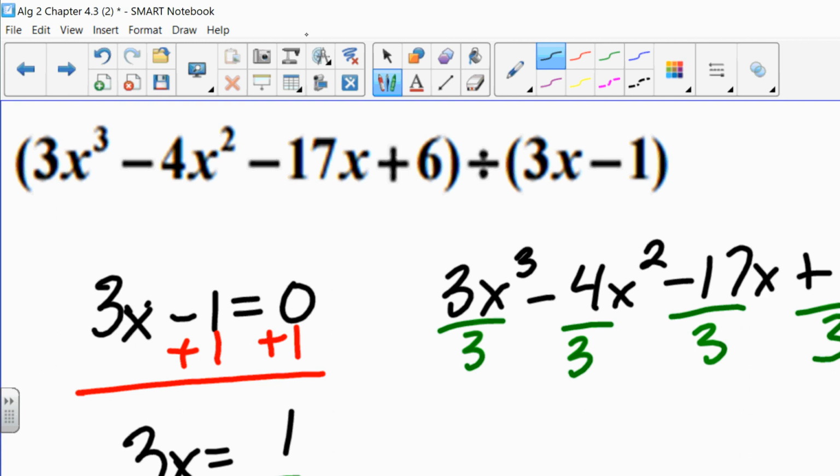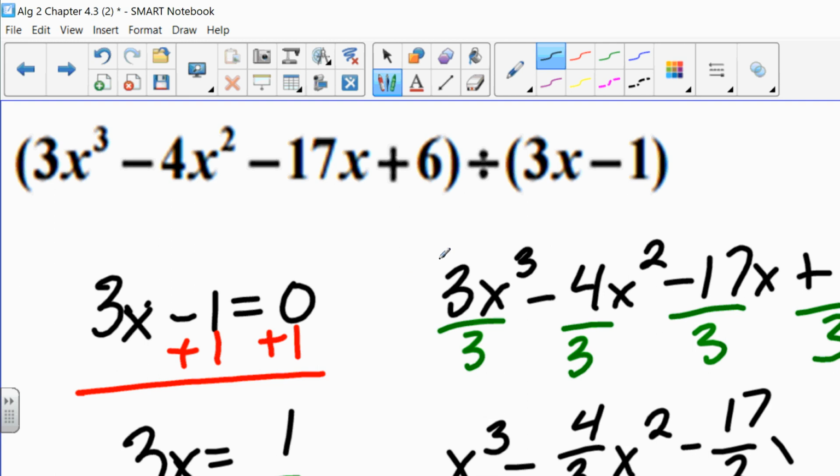3x cubed divided by 3 is x cubed minus, well, x squared minus 17/3 x plus 2.